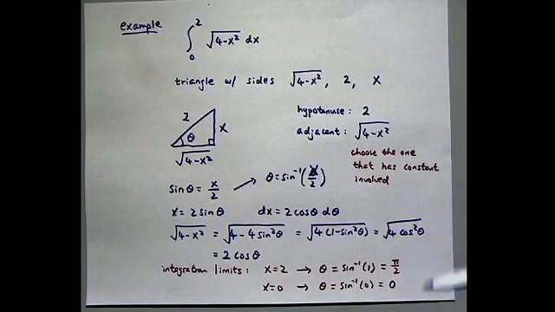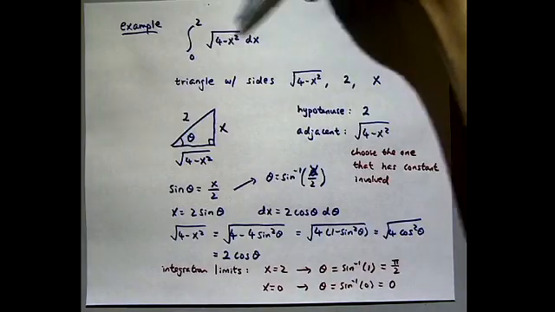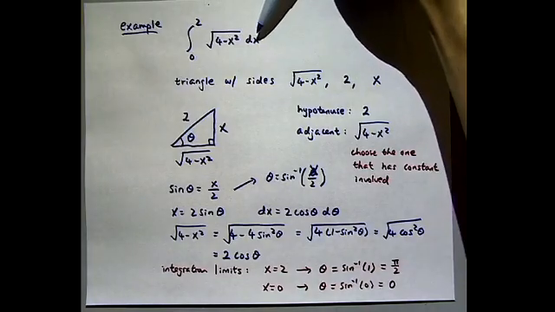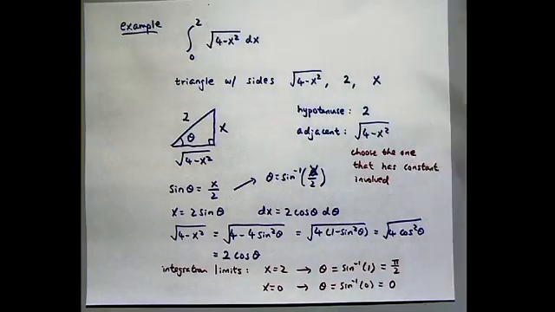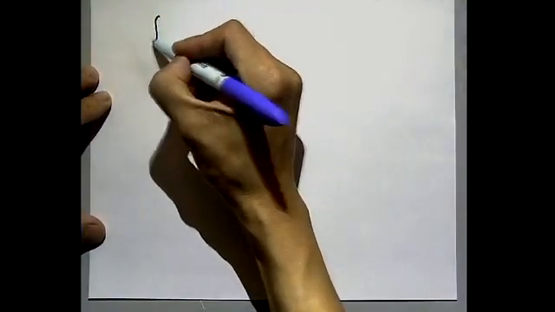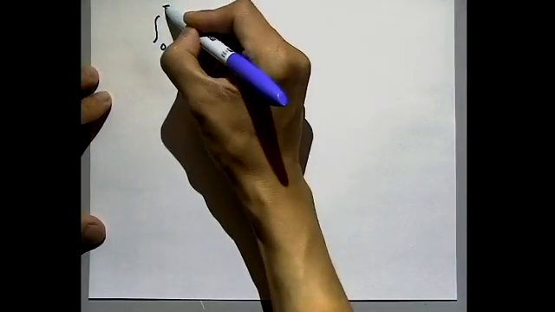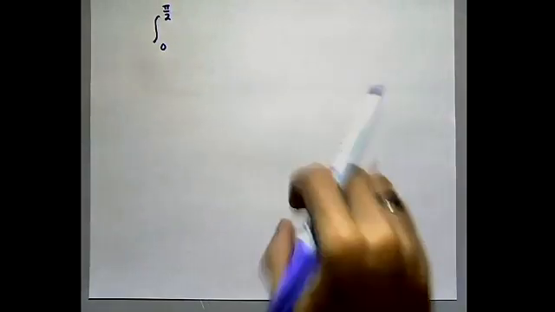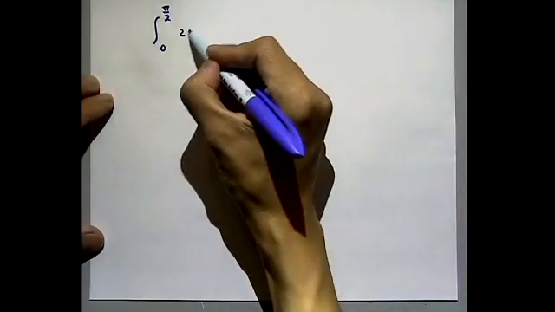Now we took care of everything. We know what to do with that in terms of theta. We know what to do with that in terms of theta. We took care of the integration limits. We shove everything into the integral and see what we get. Let's see. Radical 4 minus x squared turns into 2 cosine theta.